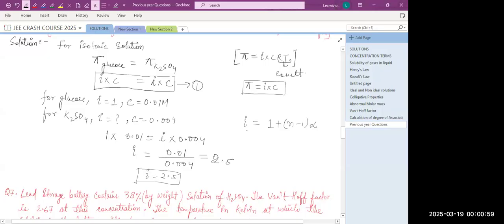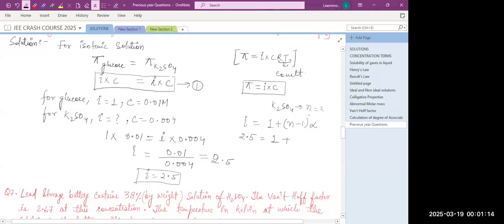Substitute the value: 2.5 equals 1 plus (n minus 1) alpha. Tell me, what is the value of n for K2SO4? 3.